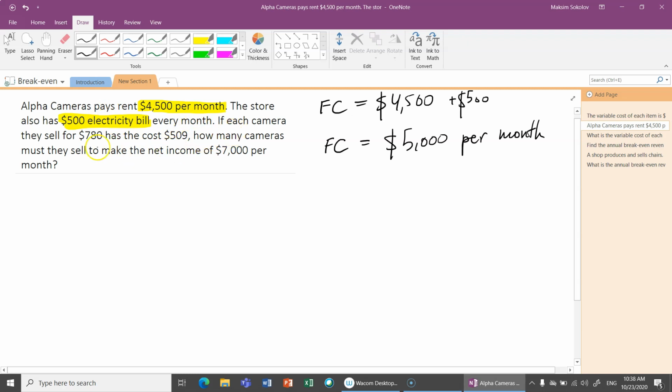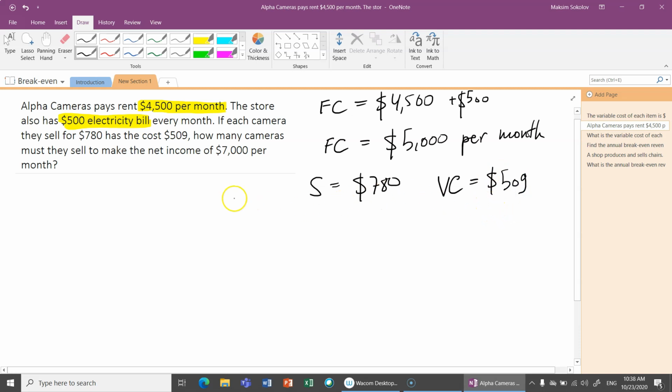Now, they sell each camera for $780, which means that selling price is $780, and cost of each item, which is variable cost in our example here, is $509.